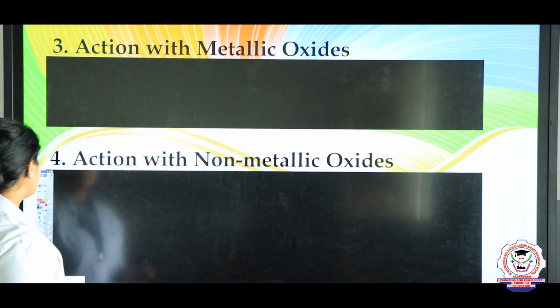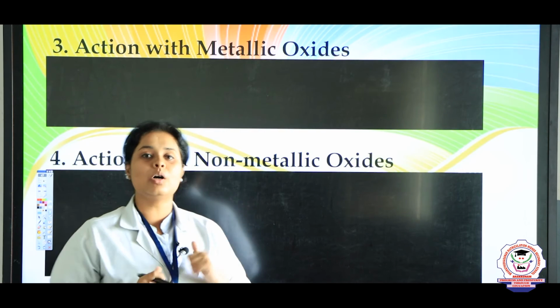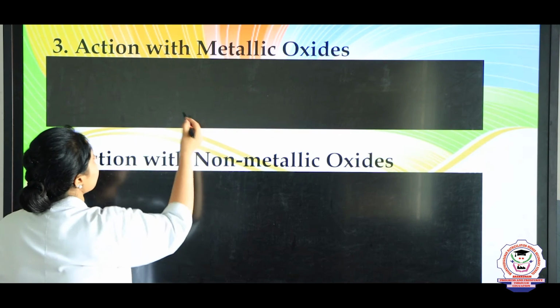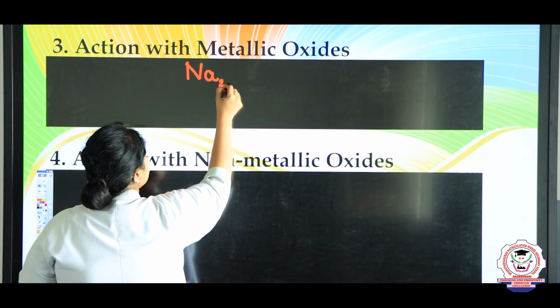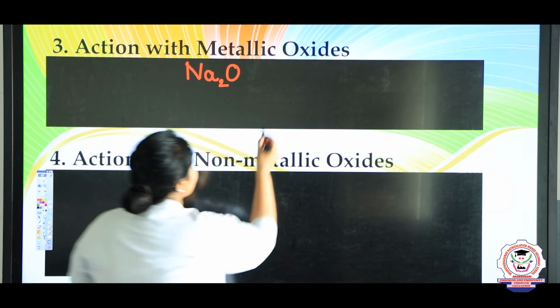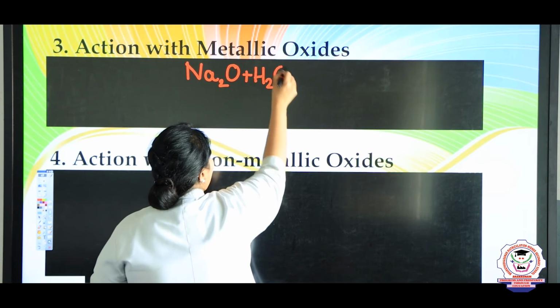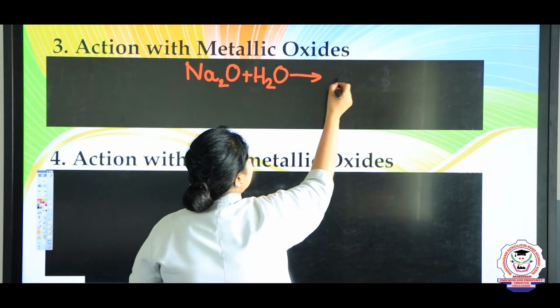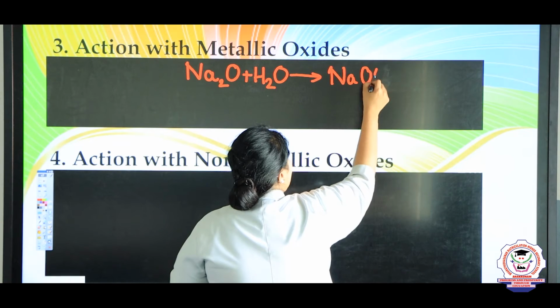So, for metallic oxide, we are going to first take the example of sodium oxide. When you are taking the sodium oxide, you will write it as Na2O plus H2O, which is water. It will give sodium hydroxide.